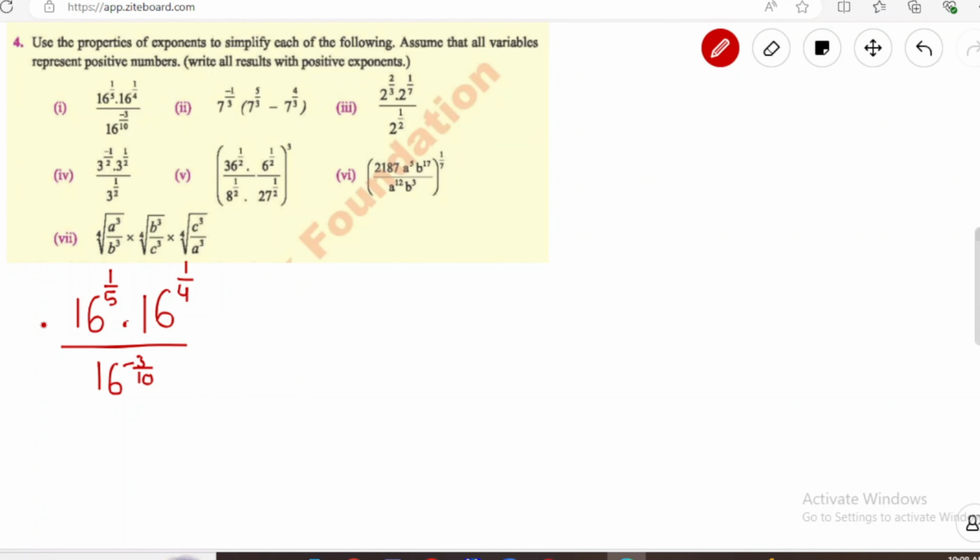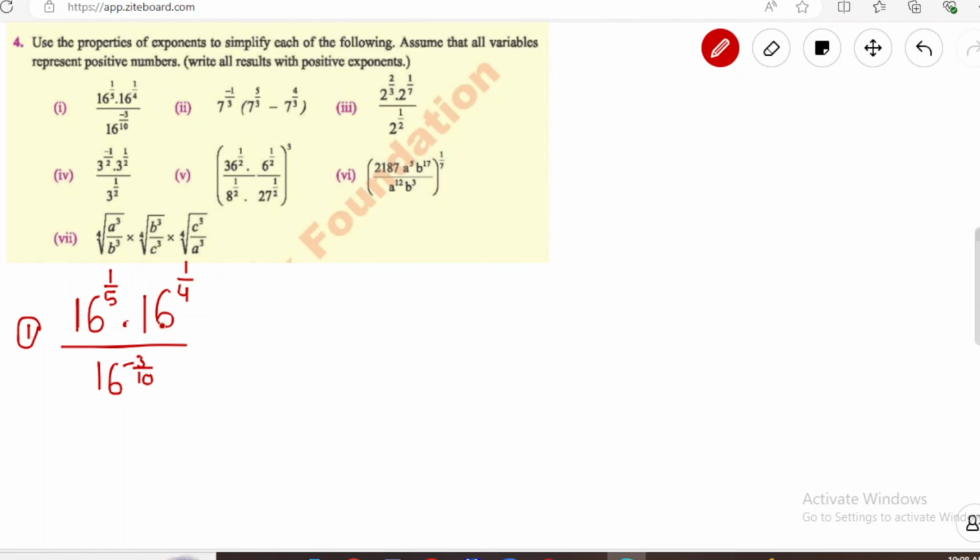So the first question says simplify this one. And if we look here in the numerator, what do we have? In the numerator we have two similar numbers which are raised to some power, some exponent. It means these two numbers are bases, so the bases are similar.